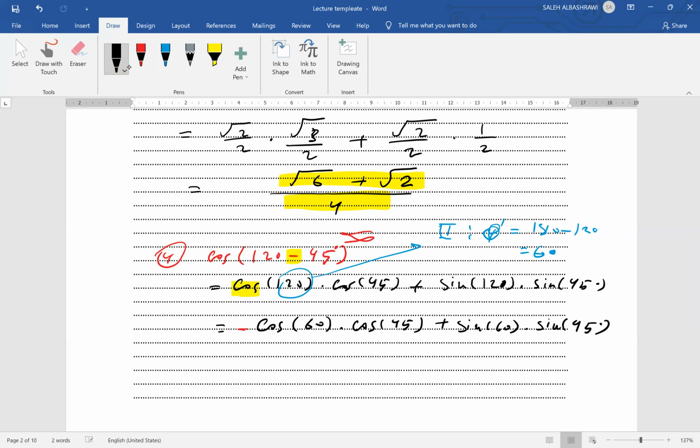This will give me minus cosine 60, which is minus 1/2, multiplied by cosine 45, square root of 2 divided by 2, plus sine of 60, square root of 3 divided by 2, multiplied by square root of 2 divided by 2.